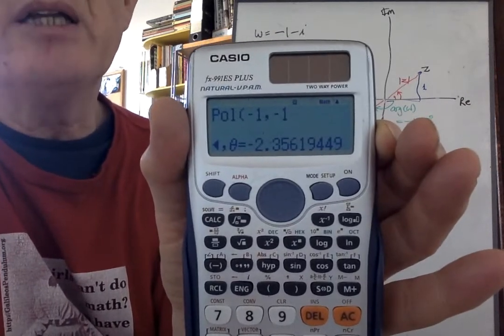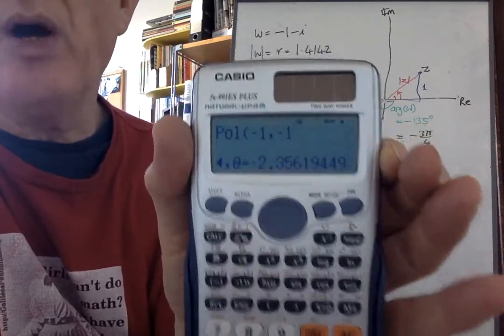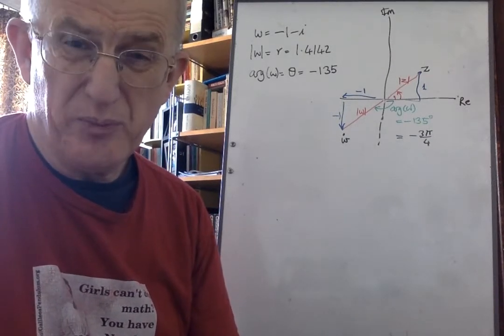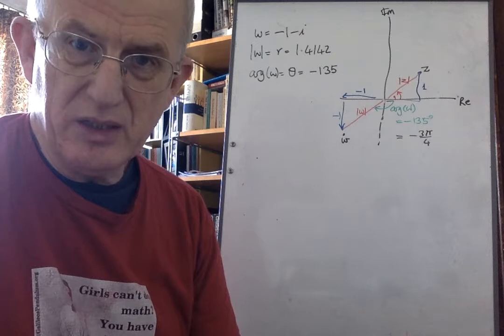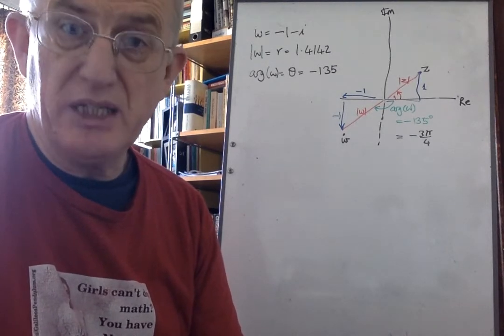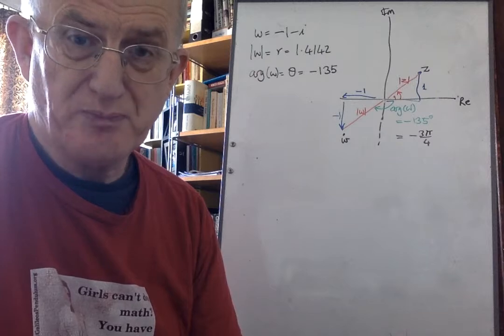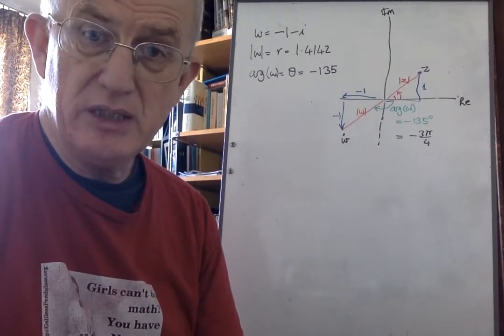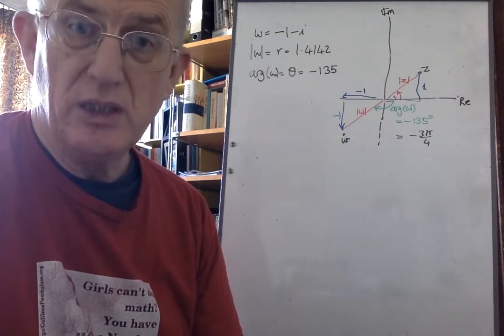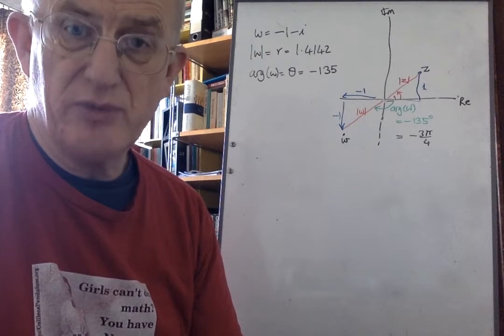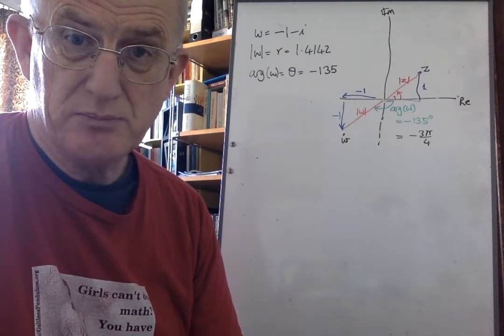I get -2.53619. Now, in fact, that's -3π/4. But you've got to be pretty good at recognising fractions of pi to see that that's -3π/4. So what I suggest is use Pol, do it in degrees, and then if you want the answer in radians, use your calculator to convert from degrees to radians.